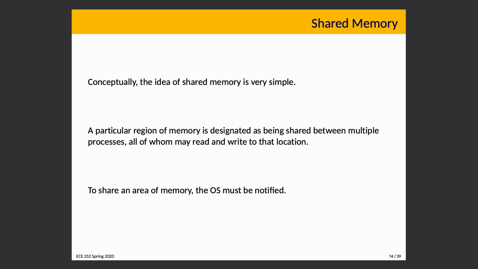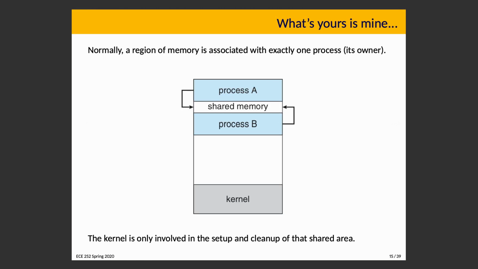Anyway, conceptually, shared memory is straightforward. A particular region of memory is shared, all of whom may read and write to that location. And as you remember from the introduction, normally a region belongs to exactly one process, and if a second process attempts to mess with it, that is a problem. The operating system has to be notified.